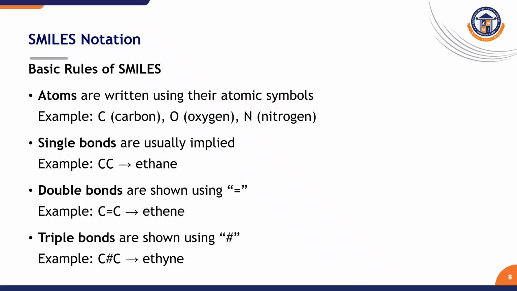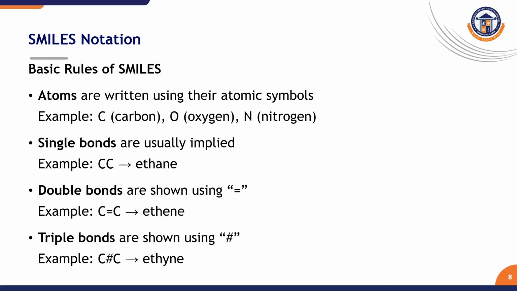The basic rules of SMILES include, the first one, atoms are written using their atomic symbols. Example, for carbon it is C, oxygen it is O, and for nitrogen it is N. Single bonds are usually implied.